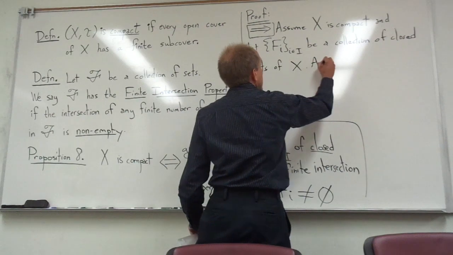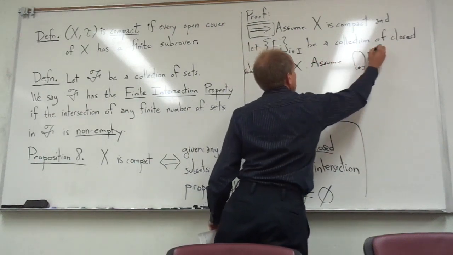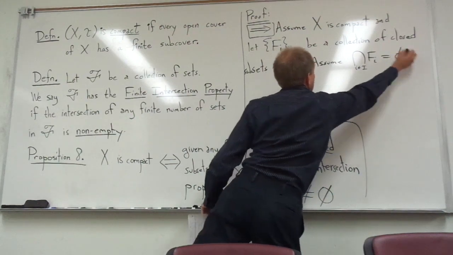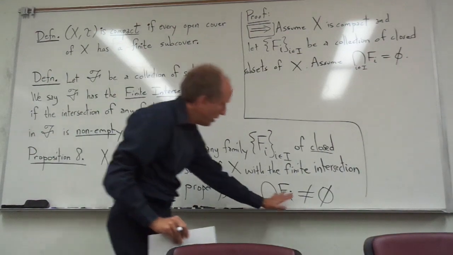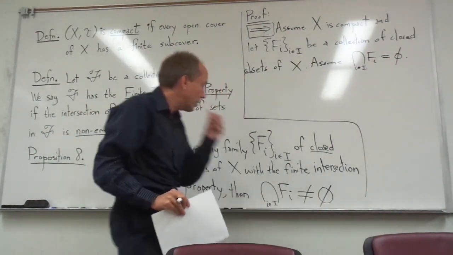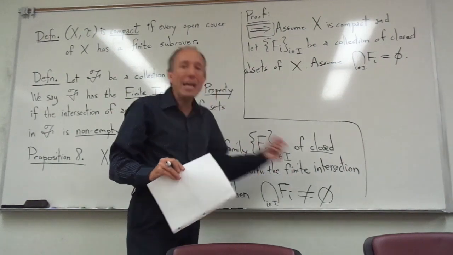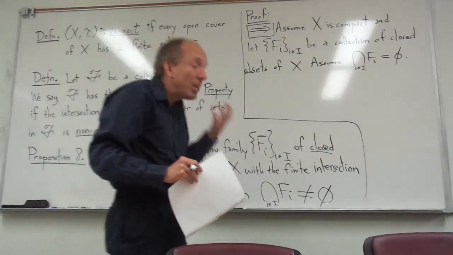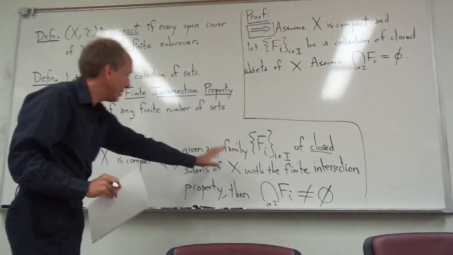In other words, I'm going to assume that when I intersect all of the sets, the result is actually empty. I'm going to assume that this intersection is empty, and I'm going to show that I can actually get finitely many of the sets to have an empty intersection. So it's just the contrapositive of this statement.